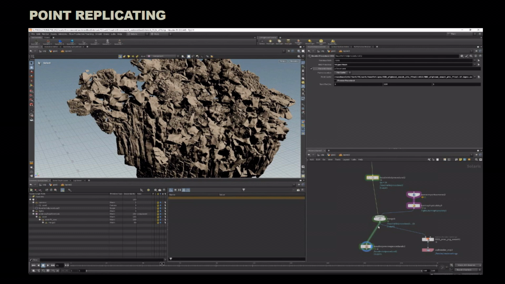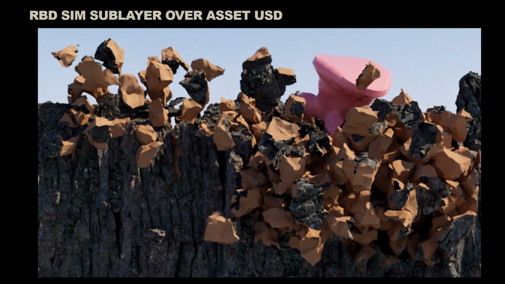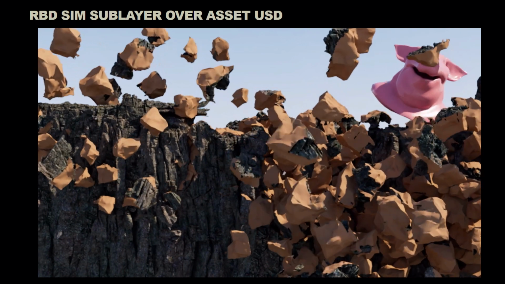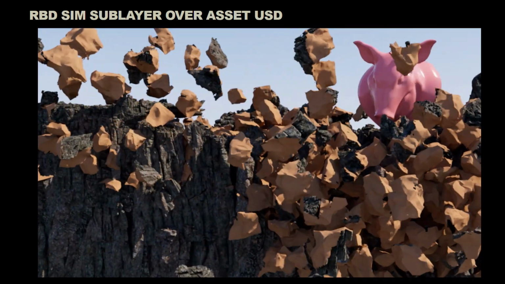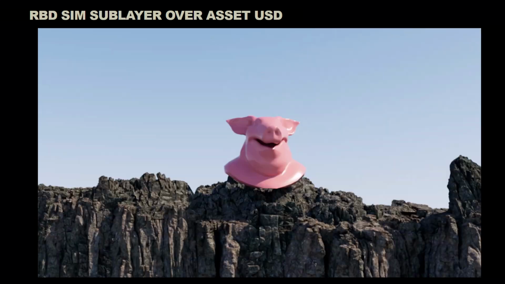Okay, and this is the same awesome RBD simulation, but now with shaders and everything that the asset has, basically sublayered with our RBD simulation. And that's the goal. You really don't want to mess with the structure of the asset.